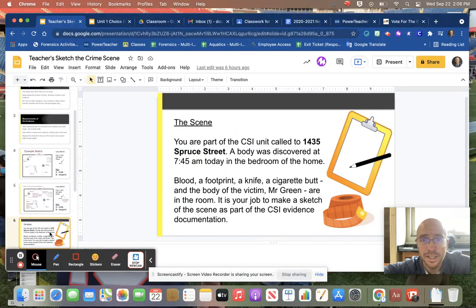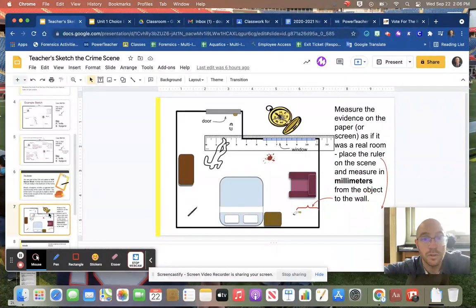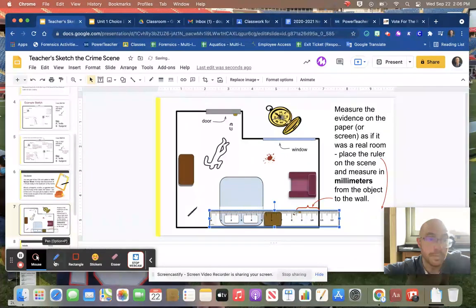Then we did this scene where you were called to this location. You had a bunch of evidence and a victim, Mr. Green, and you were able to measure. I have my ruler here that I can move, and you're able to measure and draw lines. For example, with this piece of evidence, we draw it to the middle and draw it down.